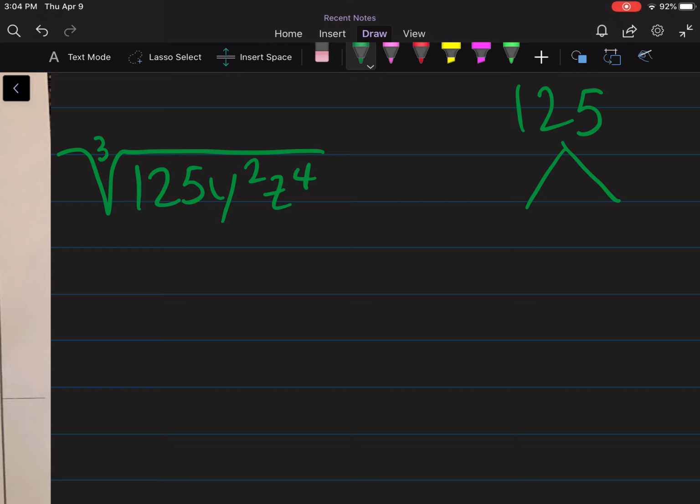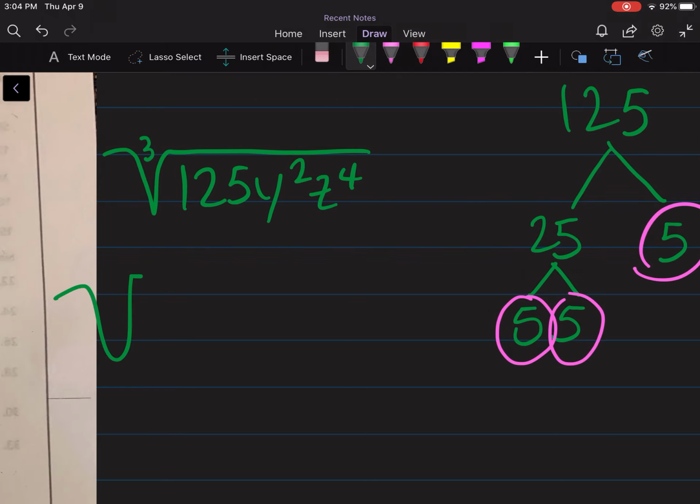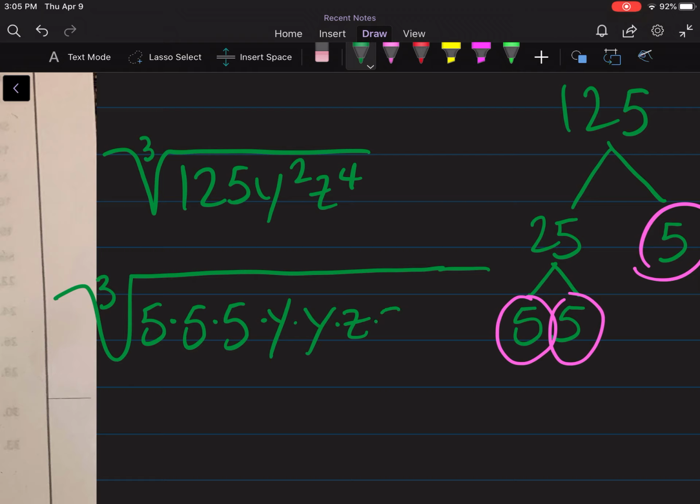And I'm going to get 25 and 5. And that 25 will break up into 5 and 5. So my 5s won't go anywhere. They're all done. So that's a 5, a 5, and a 5. All those 5s have to go back inside the house. So I have 3 5s. And then I have 2 Ys, 1, 2, and I have 4 Zs, 1, 2, 3, 4.